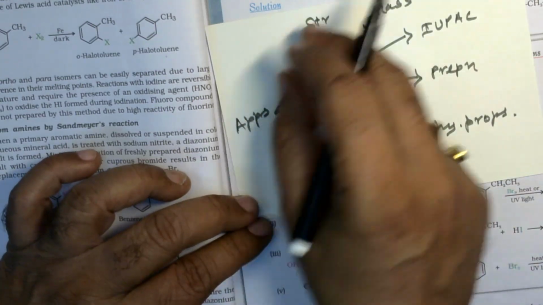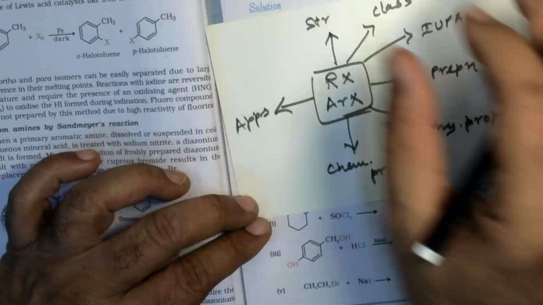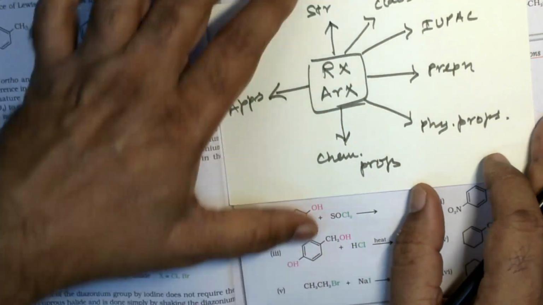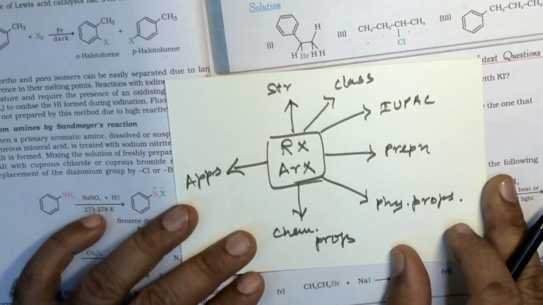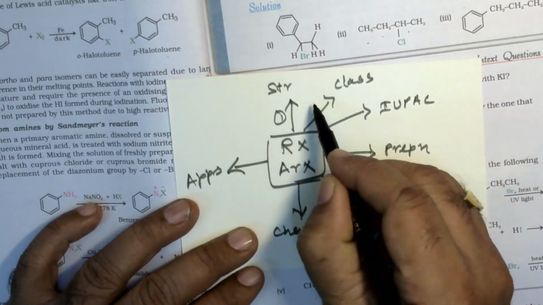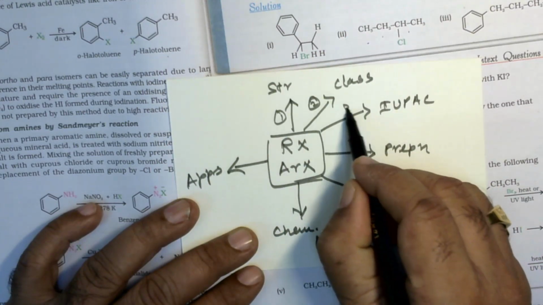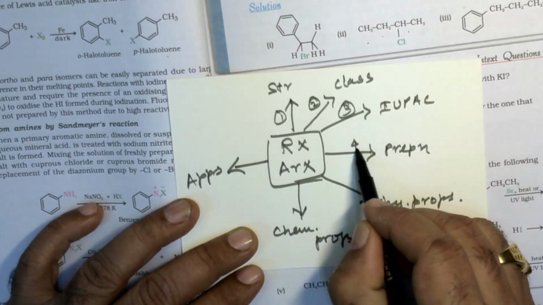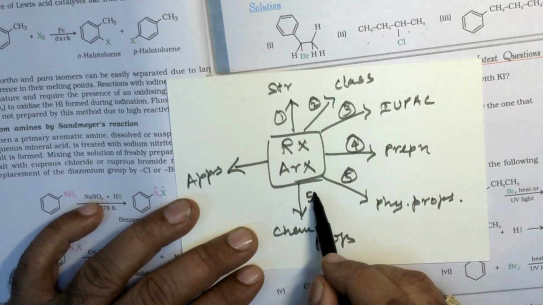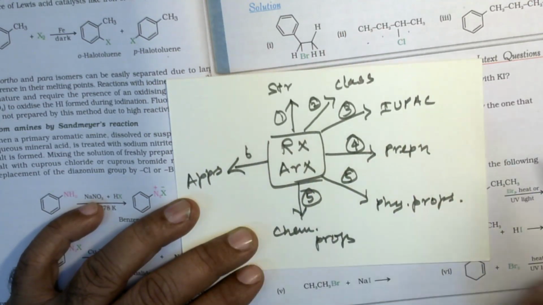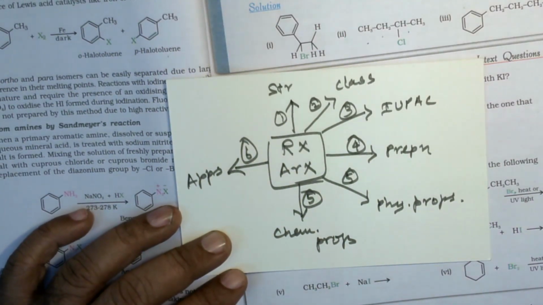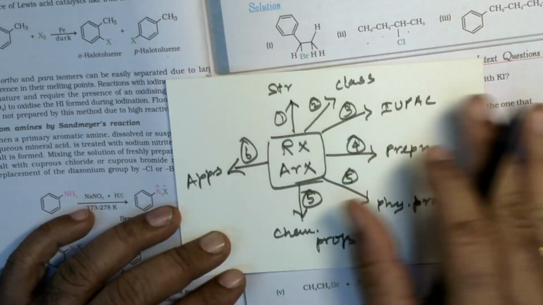And if there is any isomerism or polymers, that too will be included here. So whenever you discuss any organic compound, you should be aware of the structural aspect, the classification, the IUPAC nomenclature, the preparation, then physical properties, then chemical properties, followed by applications. What are the uses? So all these six are very, very important.